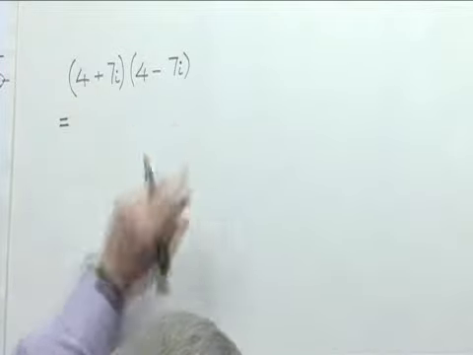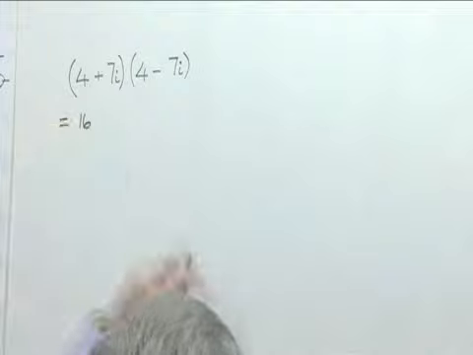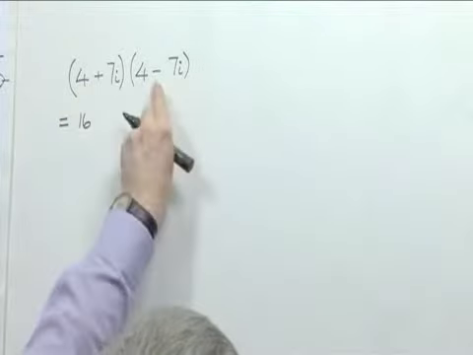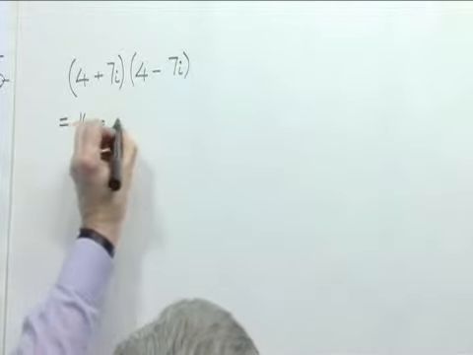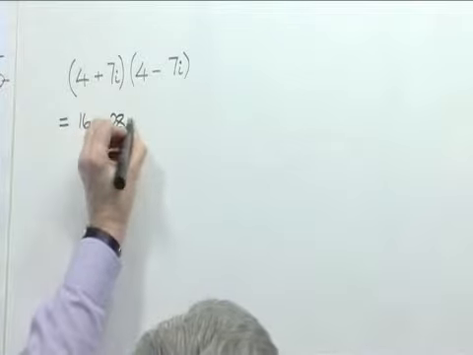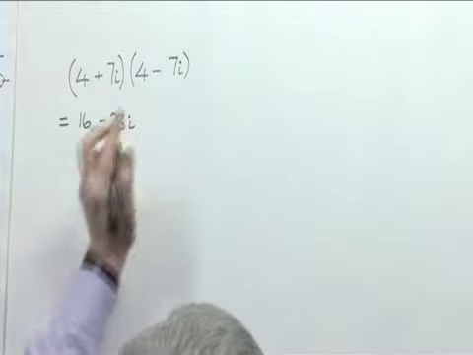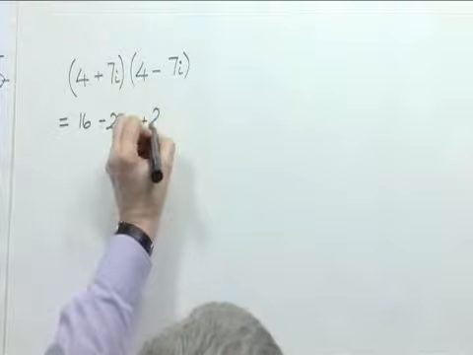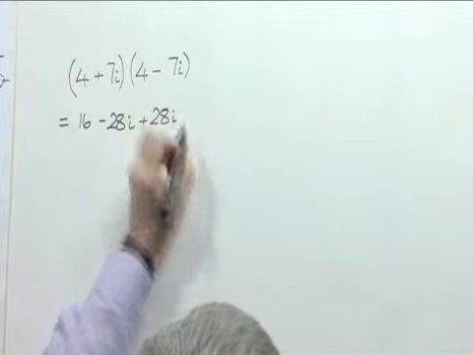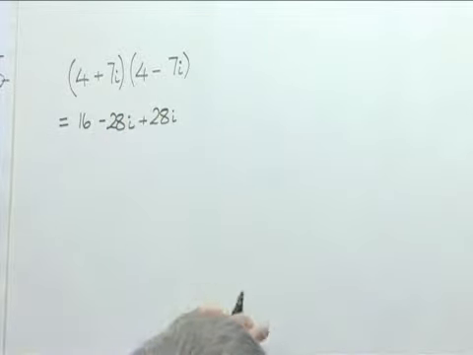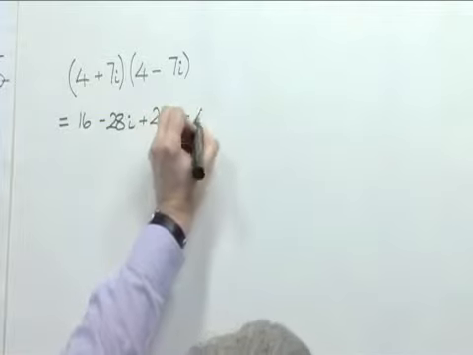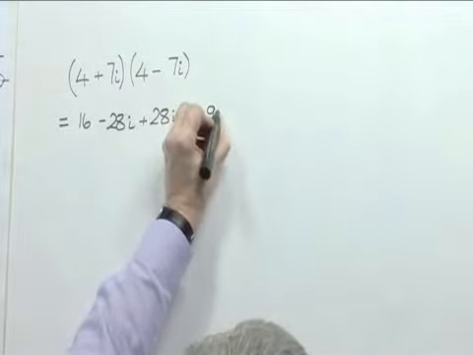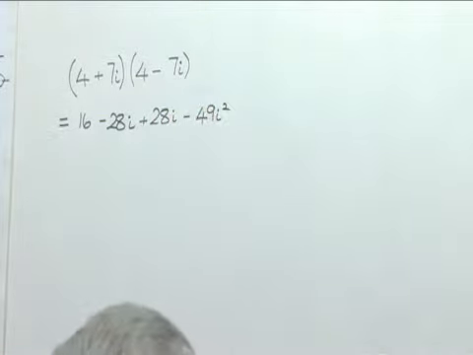So we do 4 times 4 is 16. 4 times minus 7i is minus 28i. Plus 7i times 4 is plus 28i. And plus 7i times minus 7i is minus 49i squared.